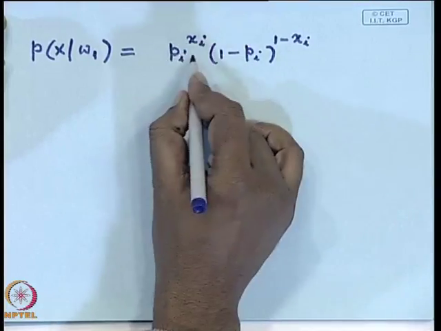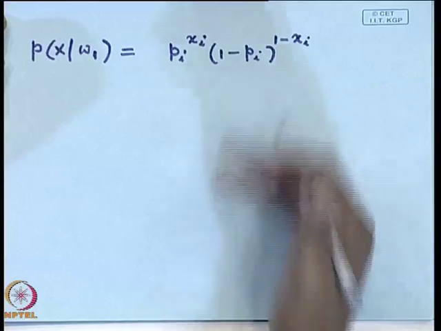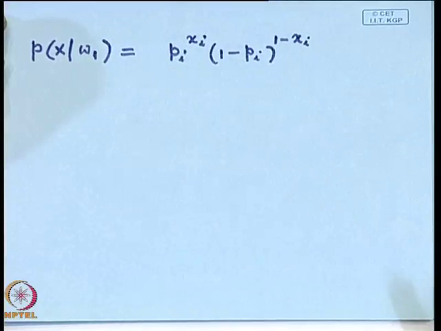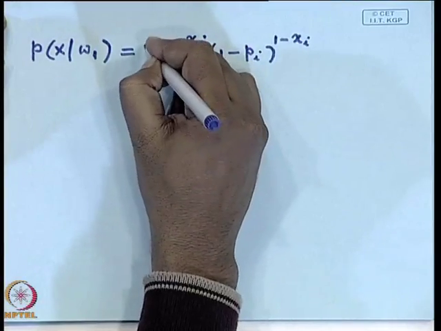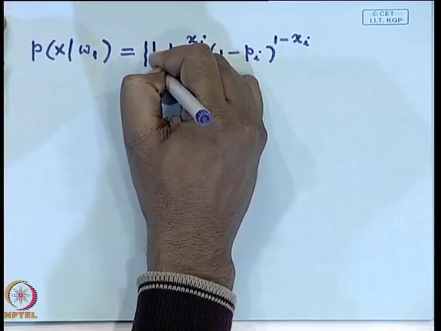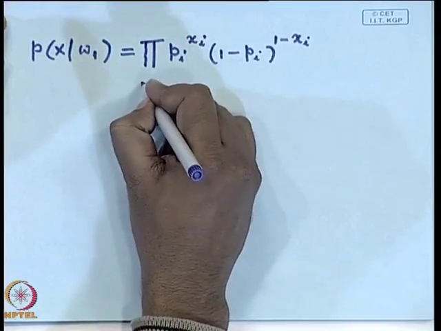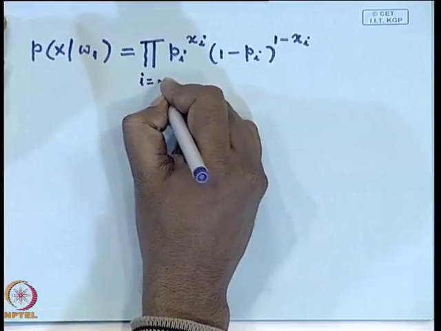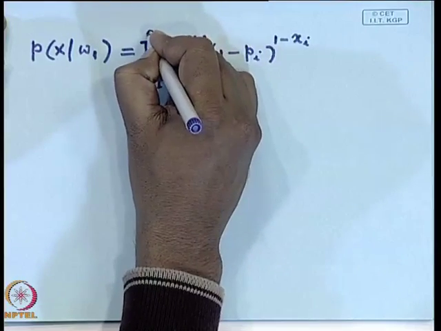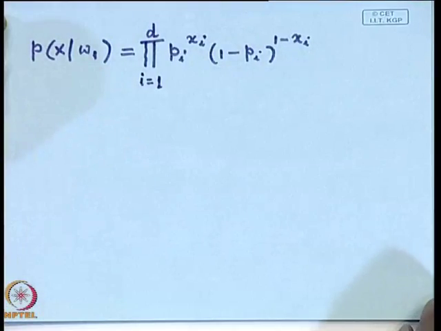Okay. And because the components are conditionally independent, the overall probability will be the product of independent probability values. So, I have to take this for i equal to 1 to d, as I have d number of components.